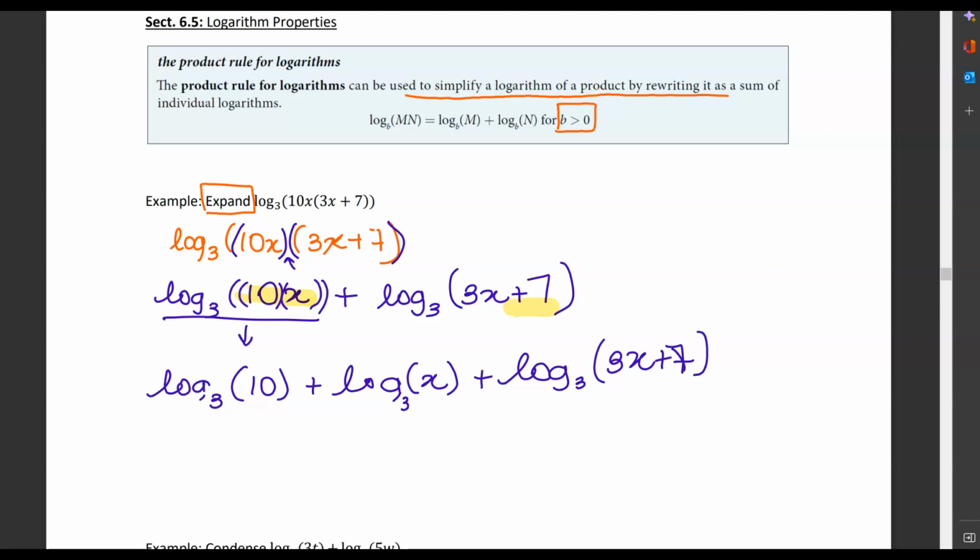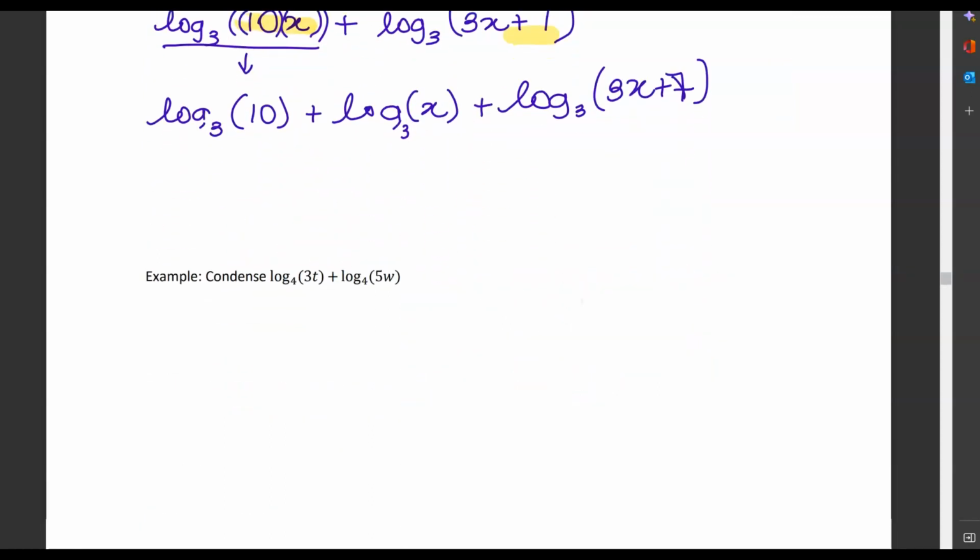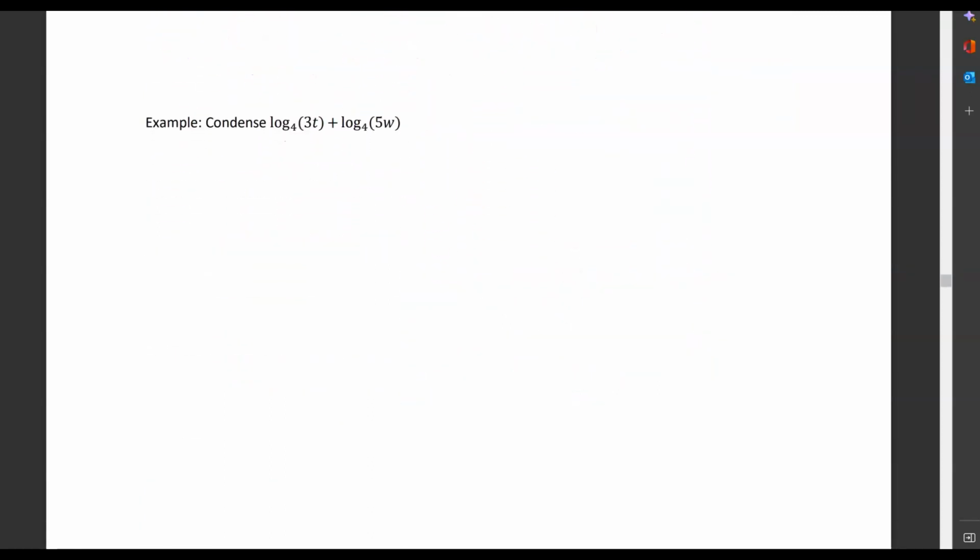Okay, and so that's it. So now we've expanded this as much as possible. So in this particular example, I'm going to go ahead and pause it, and I'm going to see if you can condense it. So now you are going backwards. You are condensing it, so you're trying to make it smaller and not larger. So take a moment and try that.